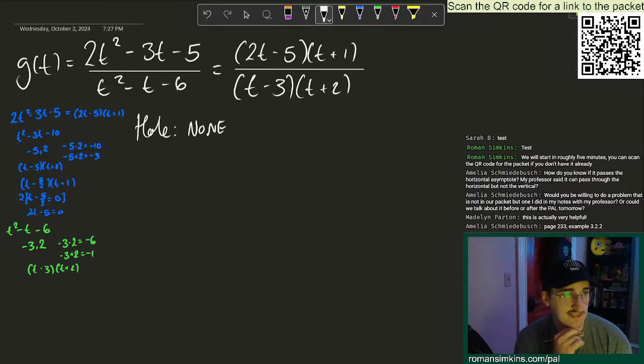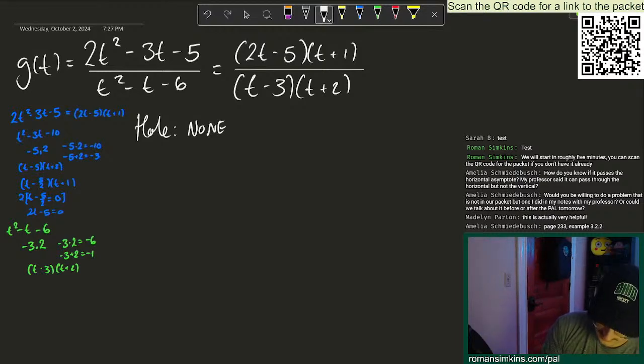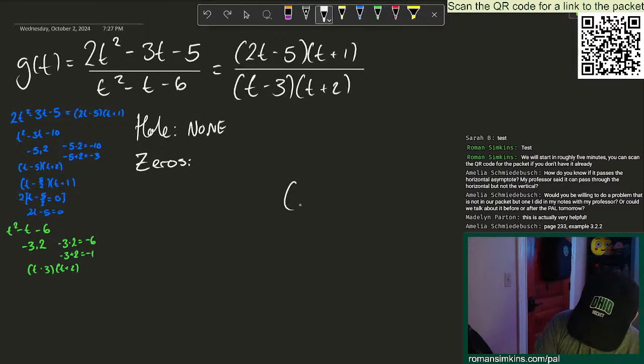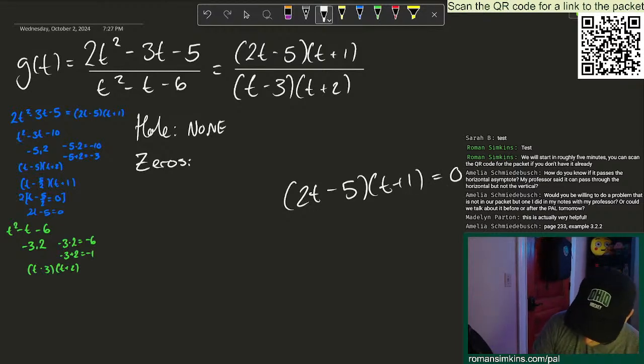Set the numerator equal to 0 and solve. These will be the zeros of r of x. So let's put zeros. I want to take this and set it equal to 0. I can set each of these terms individually equal to 0.